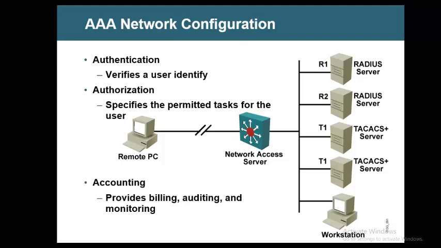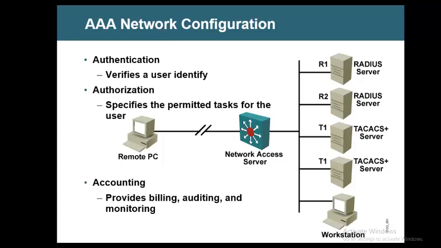You see, using AAA is a centralized authentication, authorization, and accounting, meaning we don't configure users on every switch and router. We configure it on a centralized server like what you see here in the picture, right?